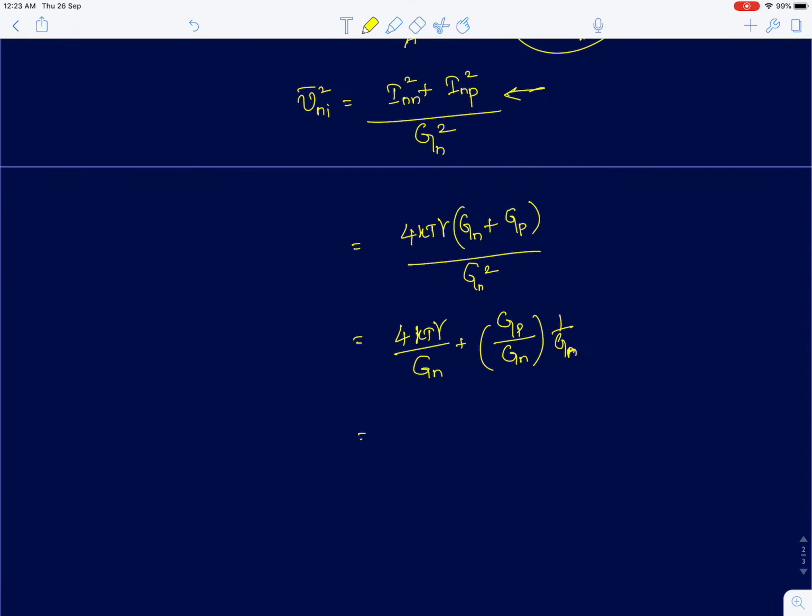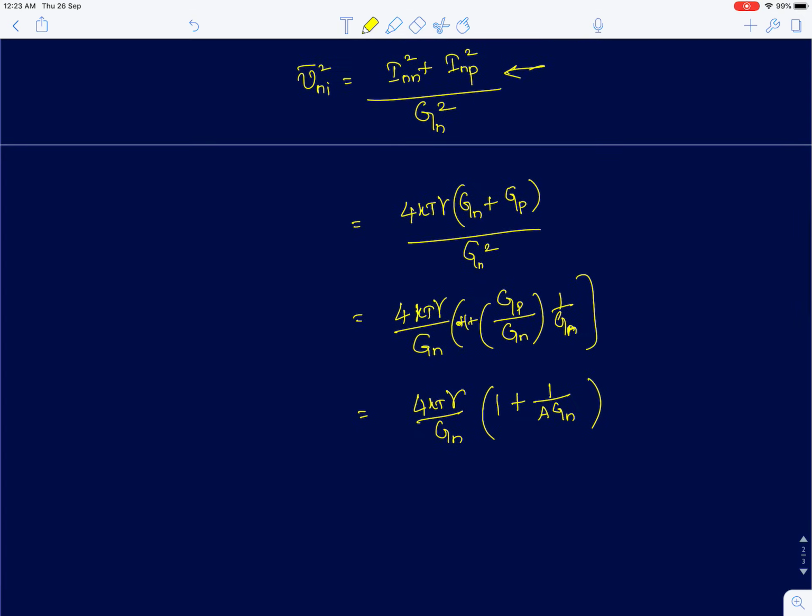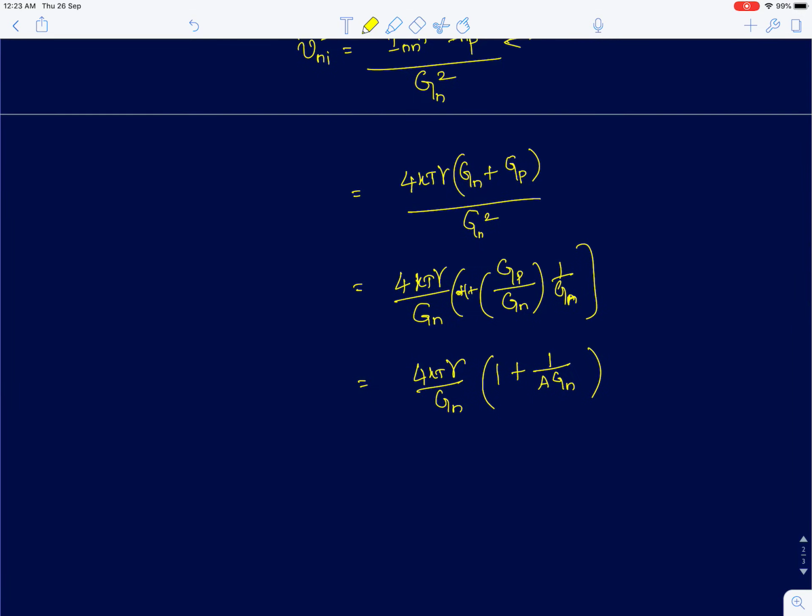Now I'll write it in this way. If I take 4kT gamma by Gn common, you'll be left with 1 plus 1 by A. So this is the input referred noise for a single stage.